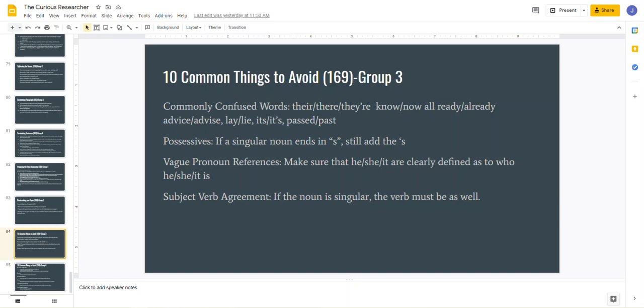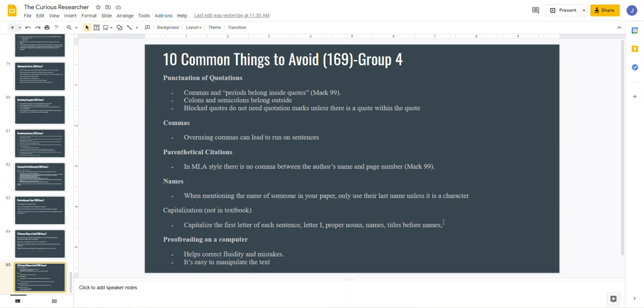Subject verb agreement, okay, singular or plural, make sure they stay the same. I always mess up is and are. I realize that in my writing, and I always scrutinize that particular construction when I'm using that verb.